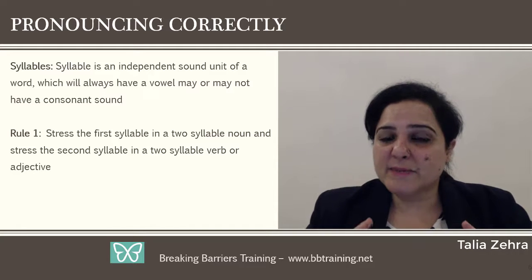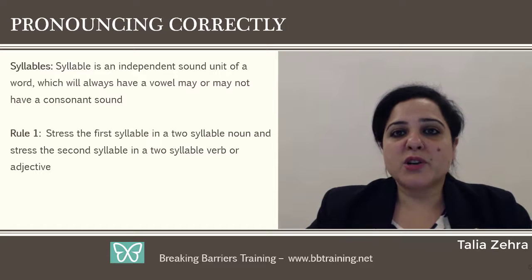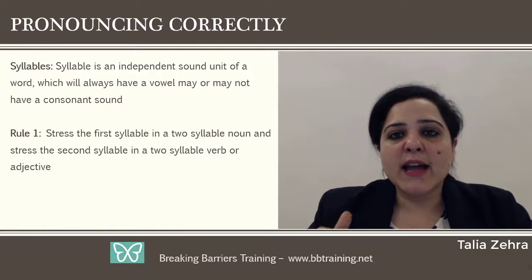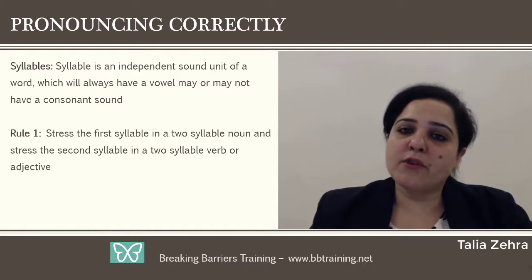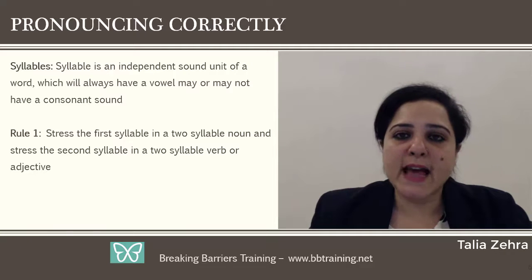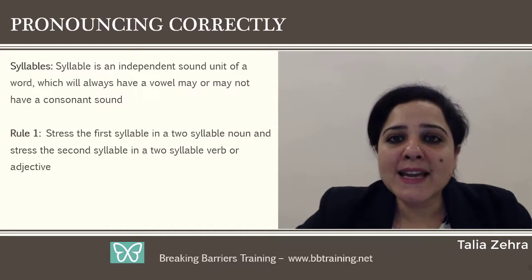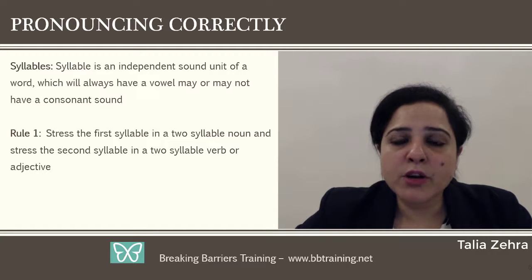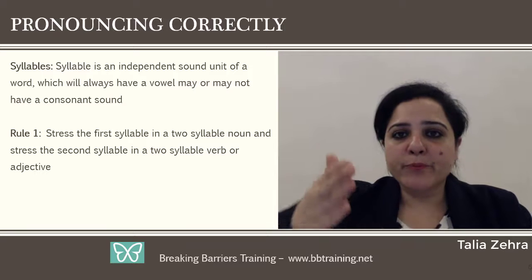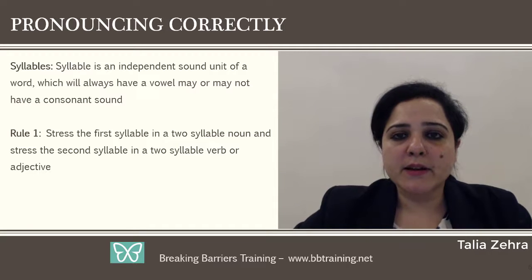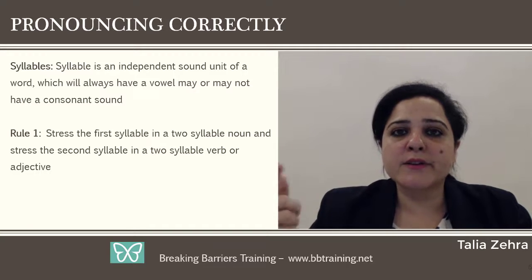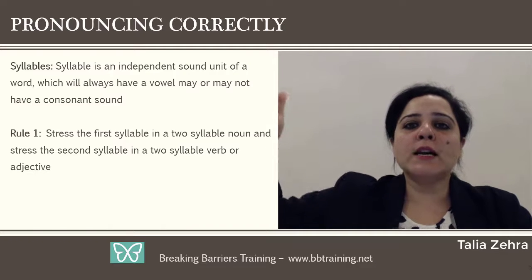Now, this rule is especially for the words which are both noun and adjective or verb. For example, content. Right now, I'm sharing the content with you. It's a noun, so I'm stretching the first syllable. My first syllable here is O. Content.